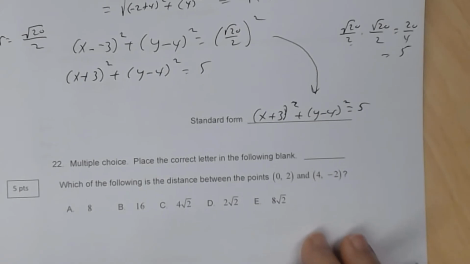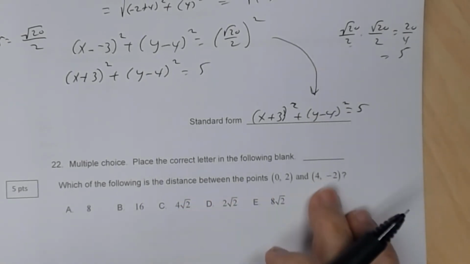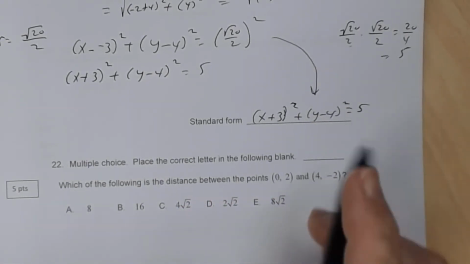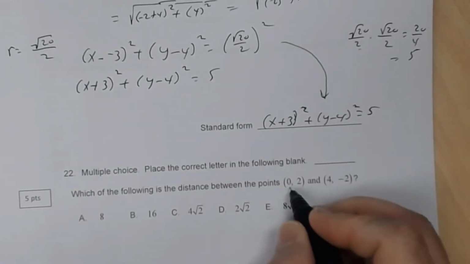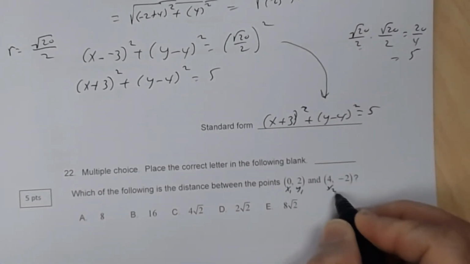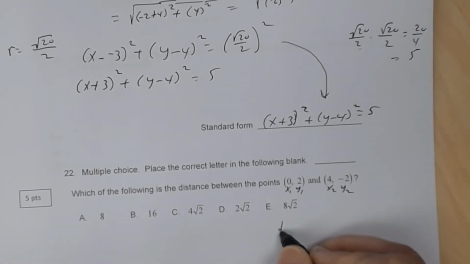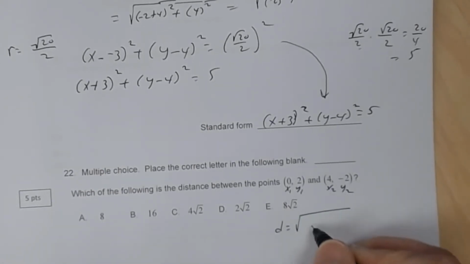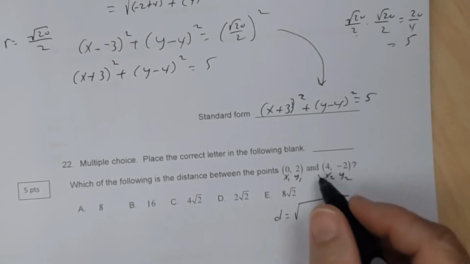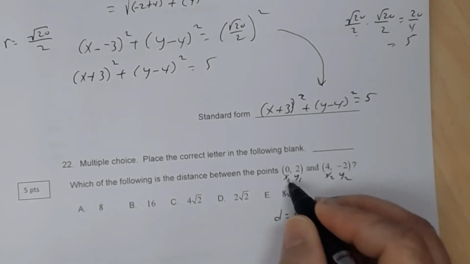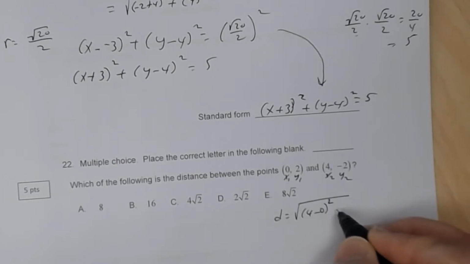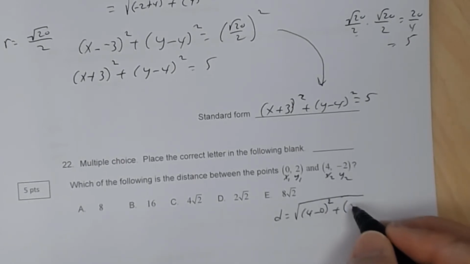Okay, 22. You want to find the distance between these 2 points. So you already know the distance formula right here. Let's call this x1, y1, x2, y2. And so the distance will be the square root of, when you subtract your x coordinates, 4 subtract this x coordinate, which is 0, squared, plus, and then you subtract your y coordinates and square them.